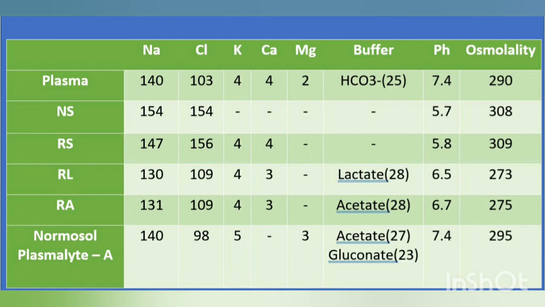So normal saline is not perfectly isotonic, and it is slightly hypertonic. So in normal saline, the sodium content is high, the chloride content is high, the pH is low, and the osmolality is also high. So nothing is normal in normal saline.